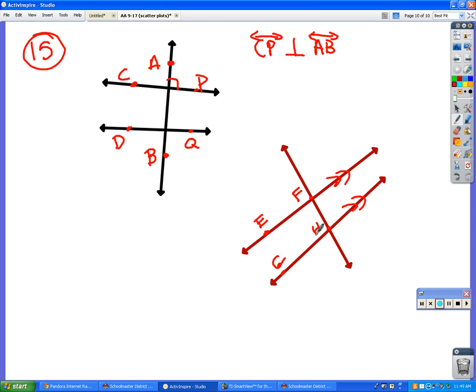Because there are no little perpendicular marks right there, so even though they look like they are, we can't say for sure that they are. Okay? What two lines are parallel? E and G. Yeah, we need to use two letters. Okay, so now for this one we can say that line EF is parallel to line GH. Okay, and that's because it specifically is marked so that we know that that's true.